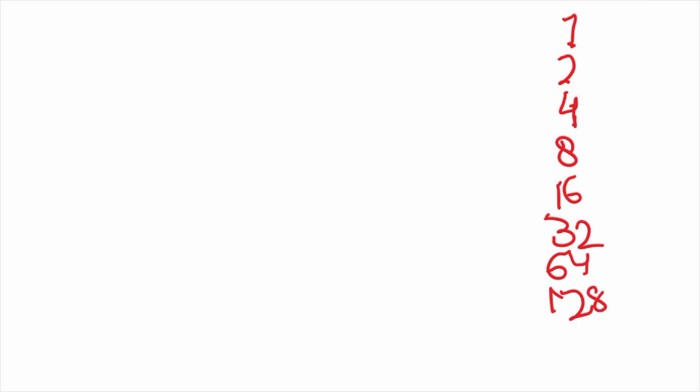Now let's talk about the conversion from binary to denary. In order to convert a binary number to a decimal or denary number, it is really important to memorize the powers of 2, which are 1, 2, 4, 8, 16, 32, 64, 128, 256, 512, and 1024.